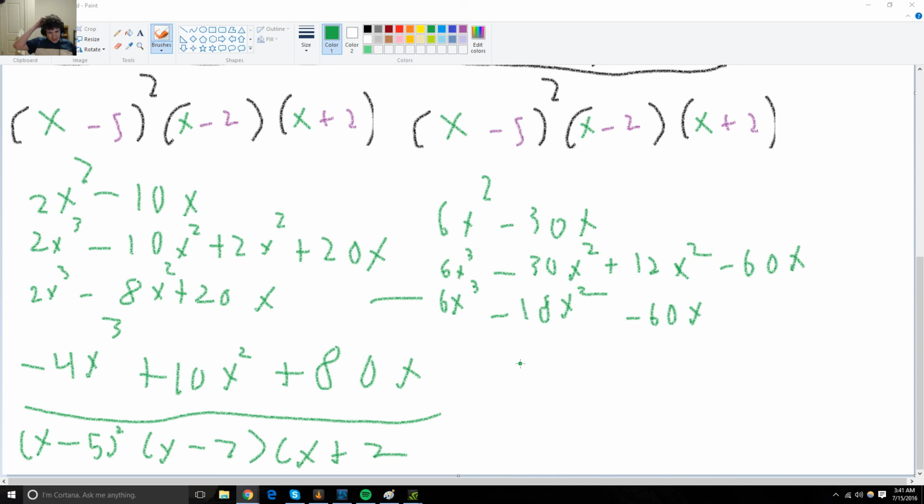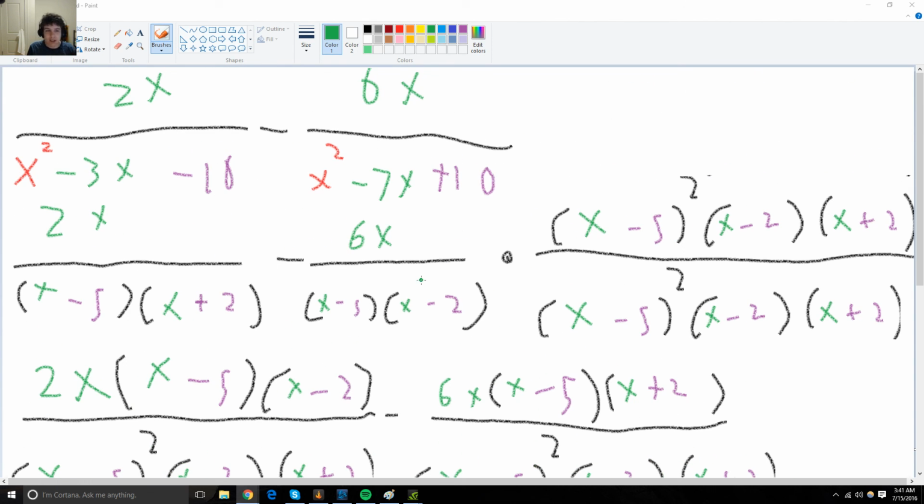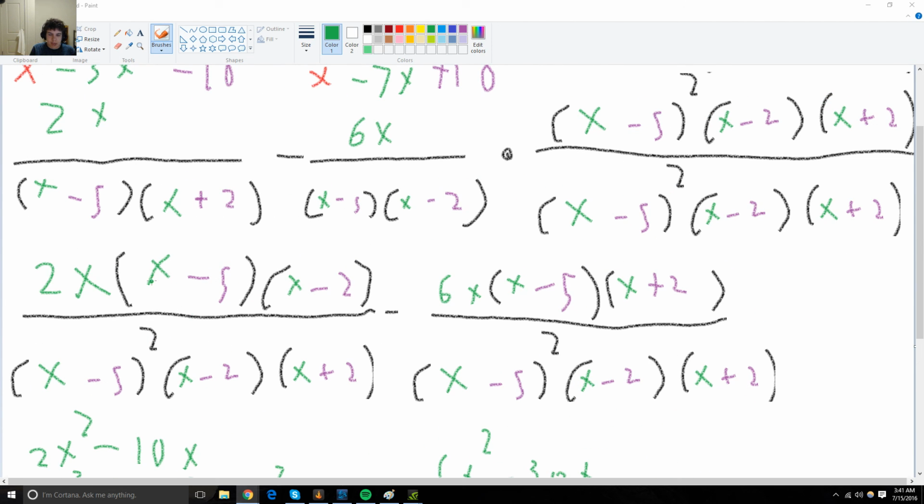All right, basically, just follow the steps. I'm going to go over the steps because I messed up some arithmetic somewhere in here. You start here. You know you need a common denominator, so you do all this terrible work, and you get your common denominator.